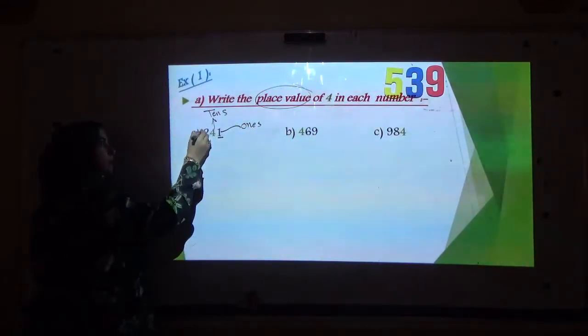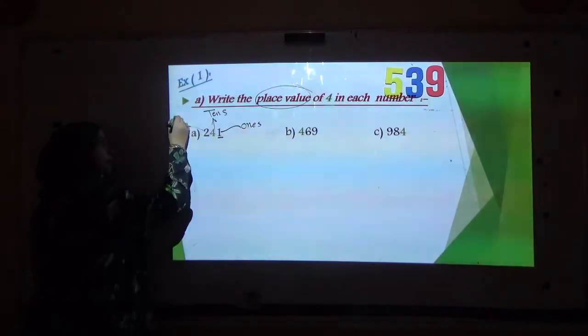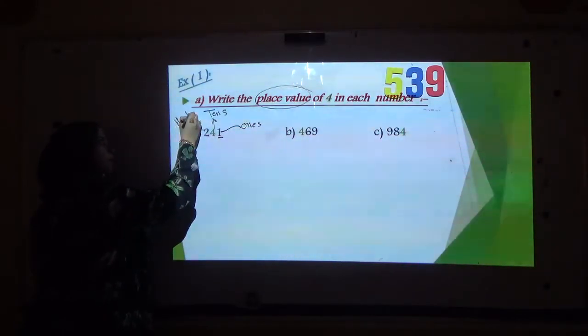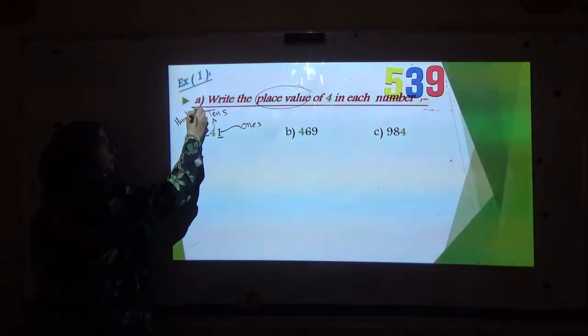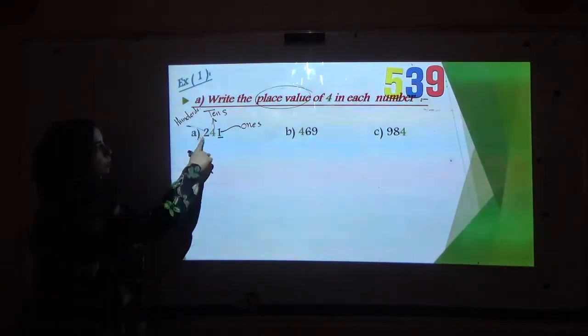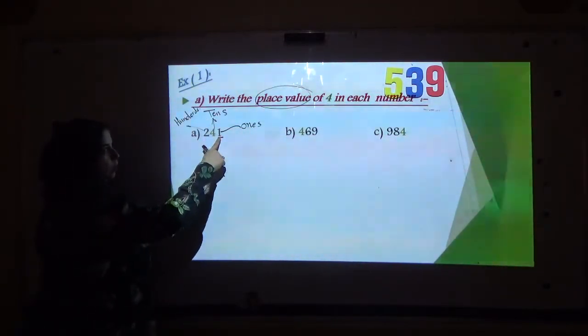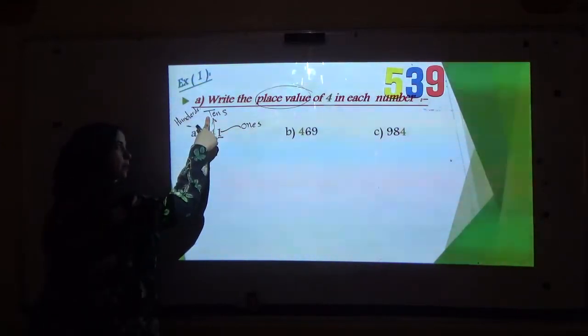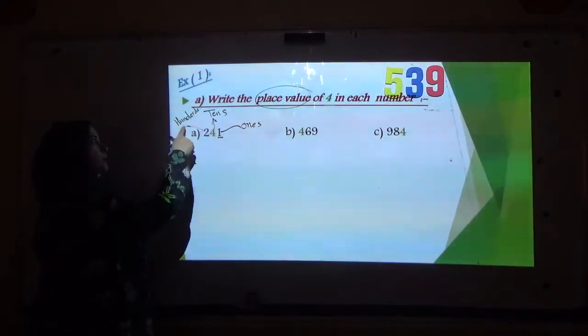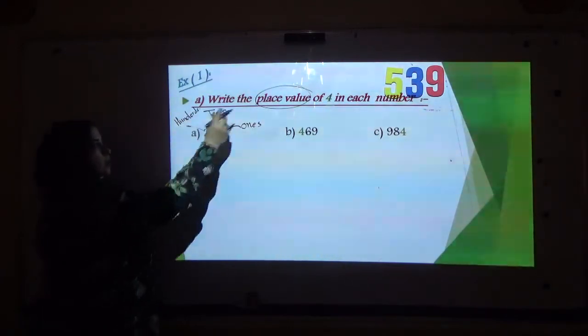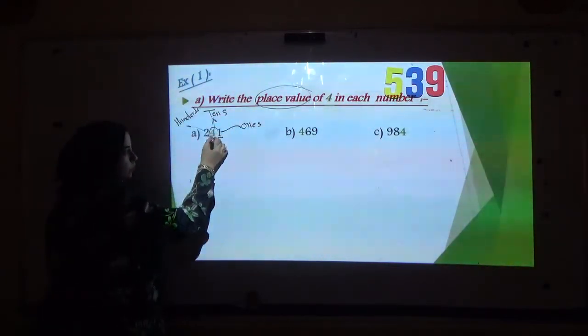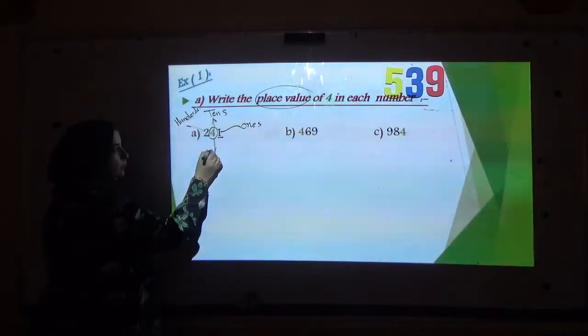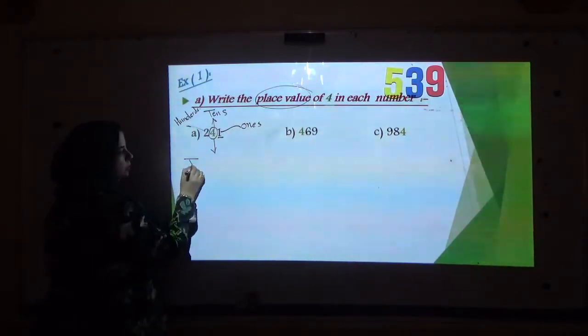Next, hundreds. So in 241, 1 is ones, 4 is tens, and 2 is hundreds. I need the place value of 4, so the place value of 4 is tens.